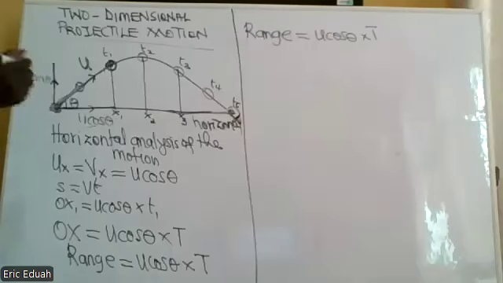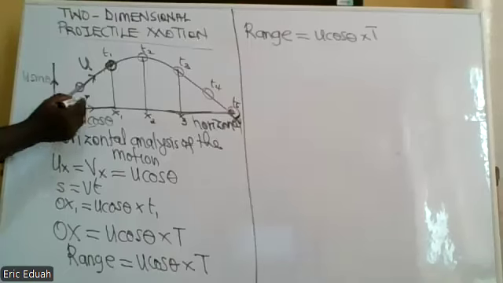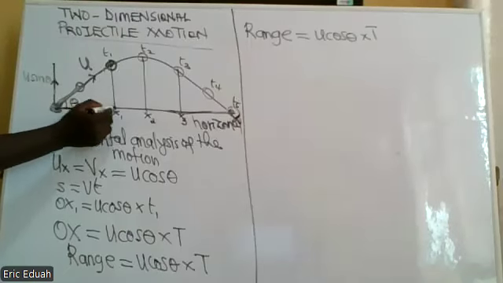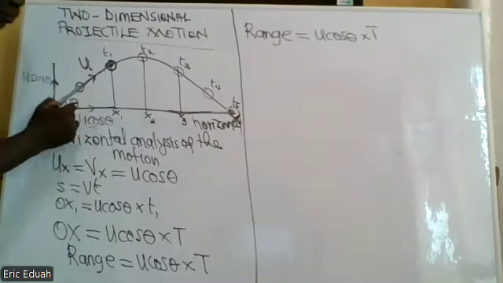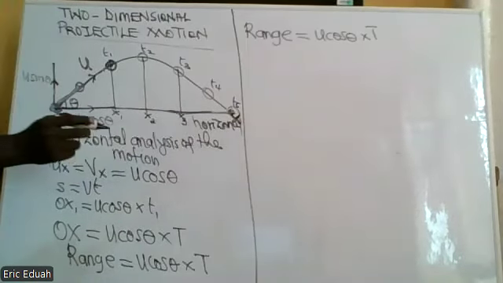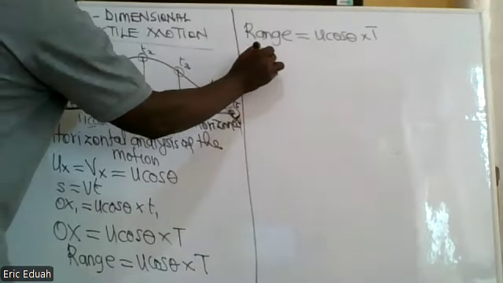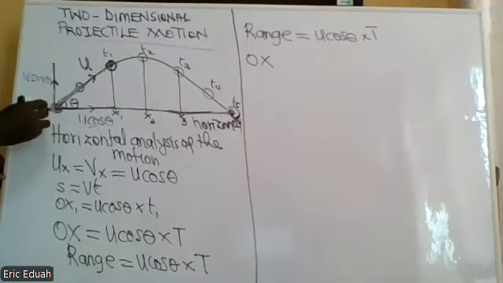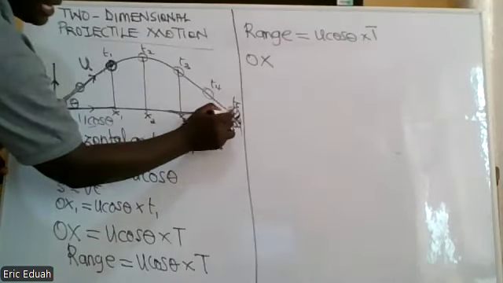When we are following the path of the projectile, we see it moving OX1, OX2, OX3, up to OX. O is the initial position of the projectile. If it is fired, it would finally land here.